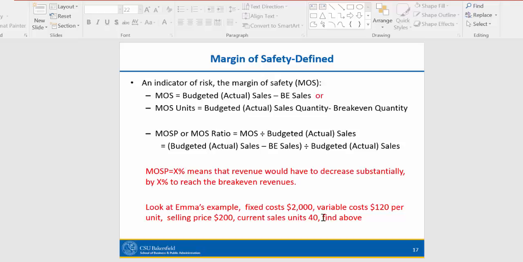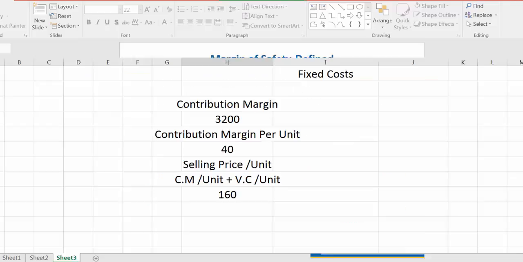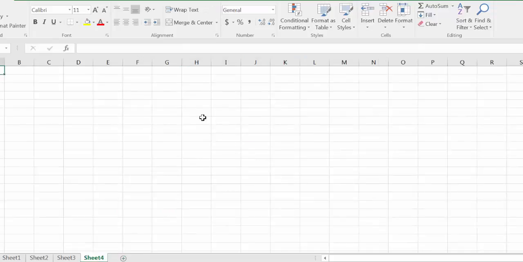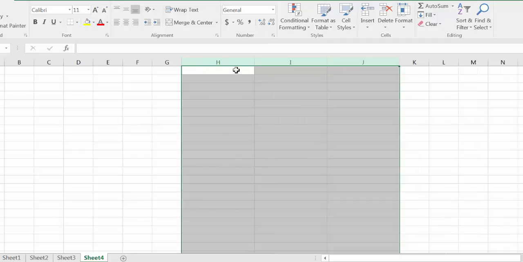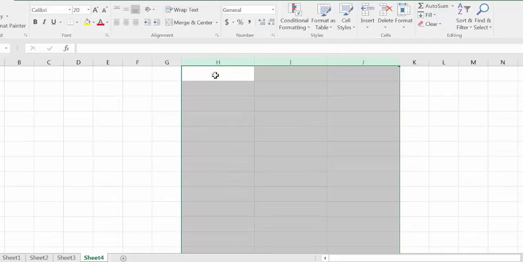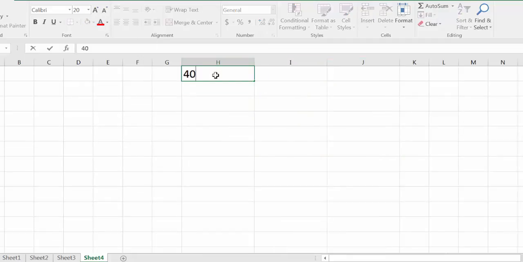So let's find, at current sales units of 40, what is MOS, what is MOS units, and what is MOS percentage. Let me open this Excel, and let's look at the 40 units here.